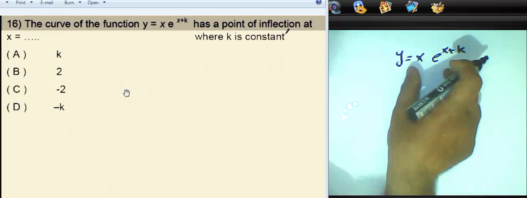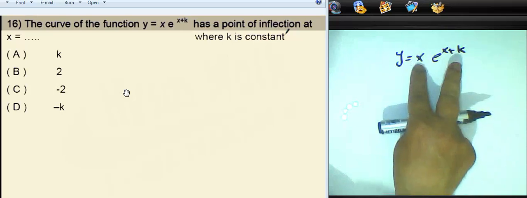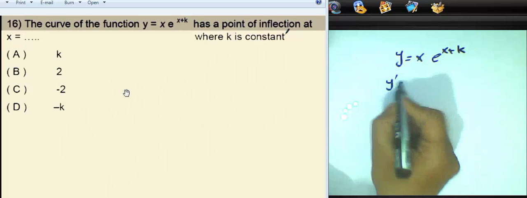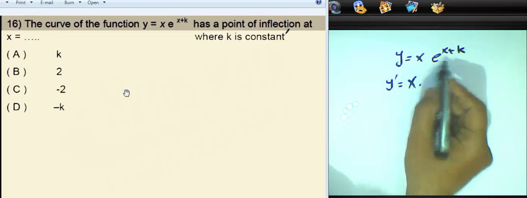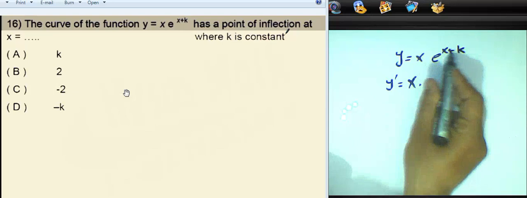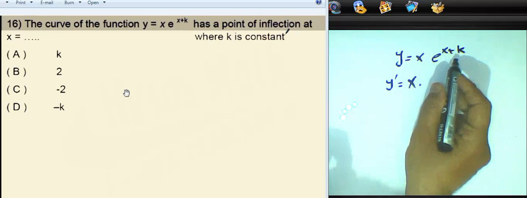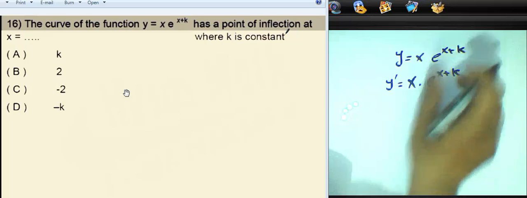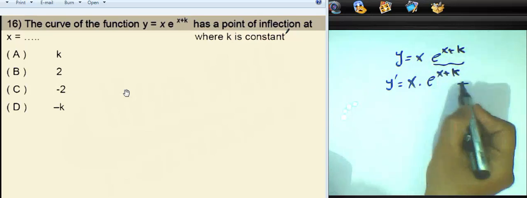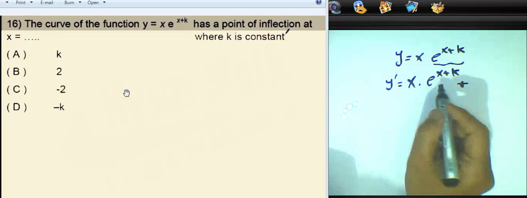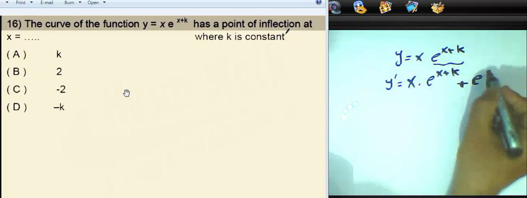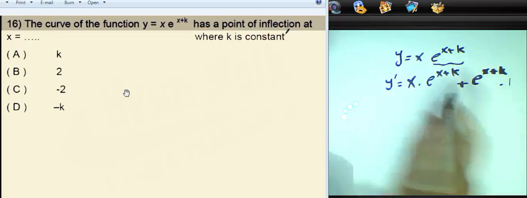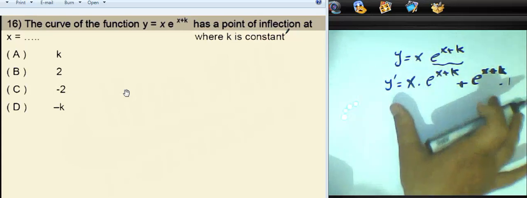We have two function here, x power 1 and e power x plus k. We can find derivative, first derivative here, right, first multiplication derivative by second here, e power x plus k. We can write e power x plus k here, because derivative of this function will be itself. And then we can write the second here, e power x plus k multiplication derivative of x will be 1. So it's the first derivative about this function.